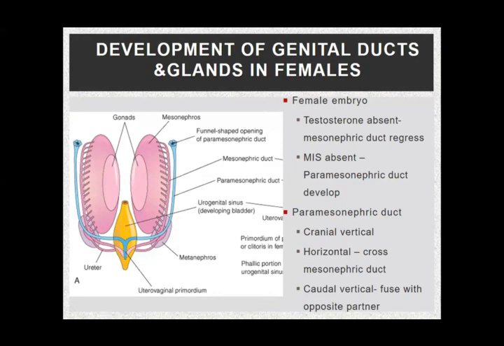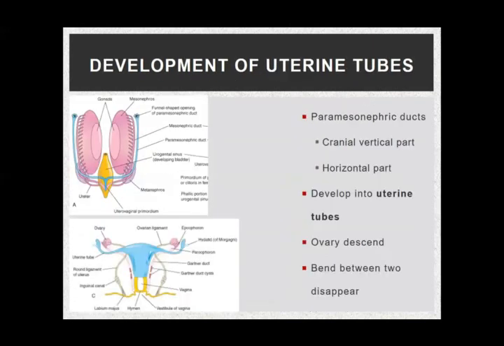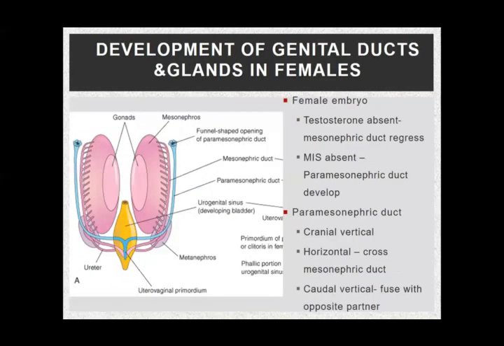We are all aware of one thing, that in a female embryo, testosterone is absent. No testis, so one, testosterone is absent, and two, Mullerian inhibiting substance is absent. Mullerian duct, I told you, was the paramesonephric duct.